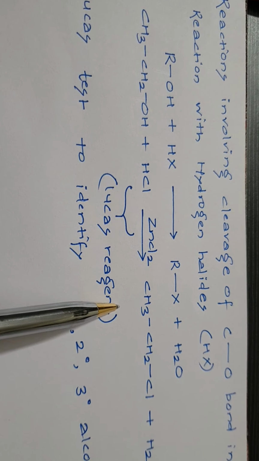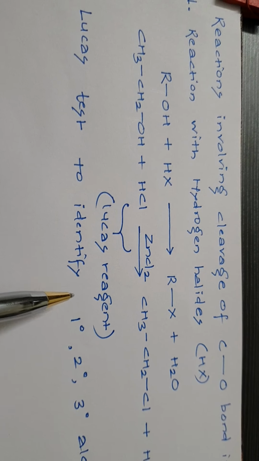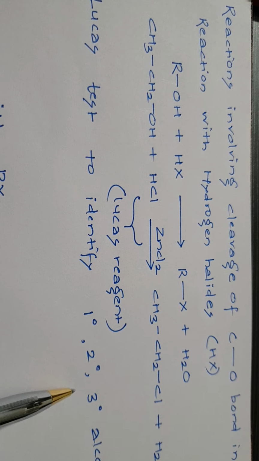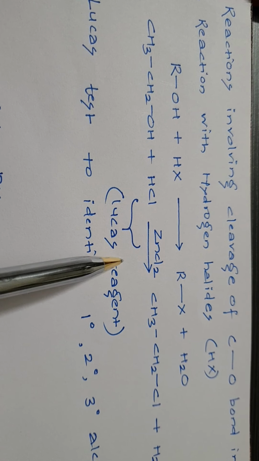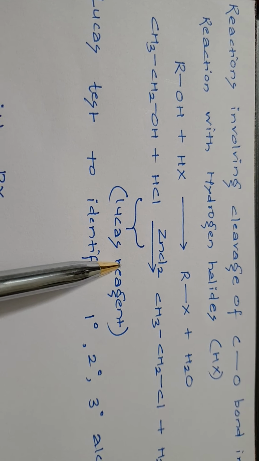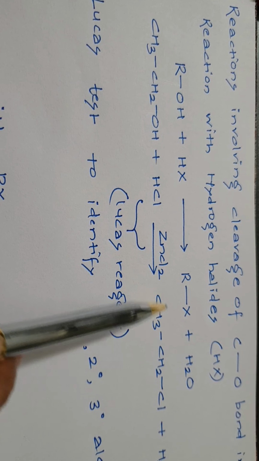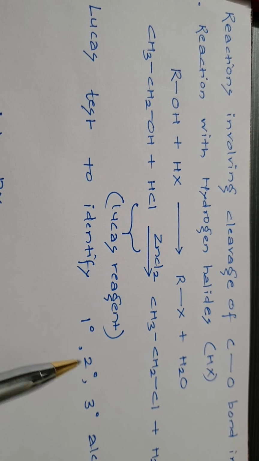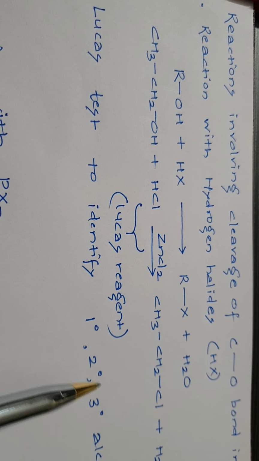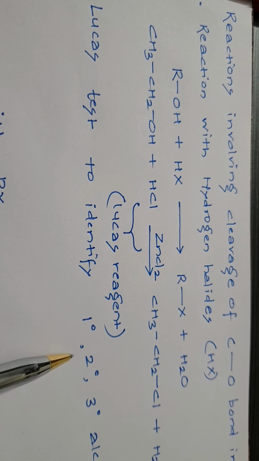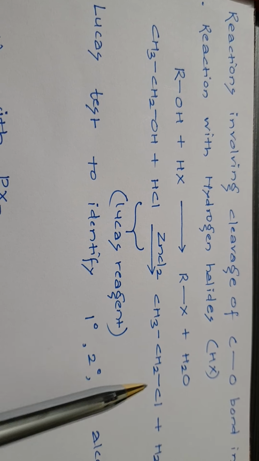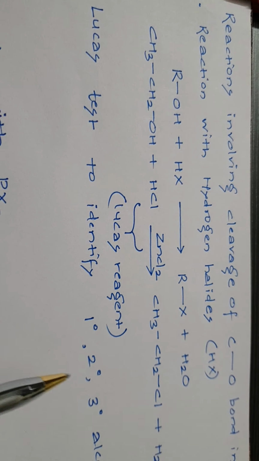Okay. Therefore, this particular test can be used by us because if I have a tertiary alcohol, just the addition of a Lucas reagent will give you a turbidity for the formation of a haloalkane, which goes to prove that it is a tertiary alcohol. Secondary alcohol will require some time for the appearance of the turbidity, that is, for the formation of a haloalkane.